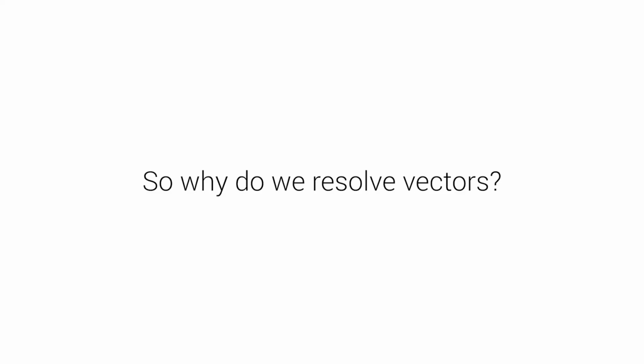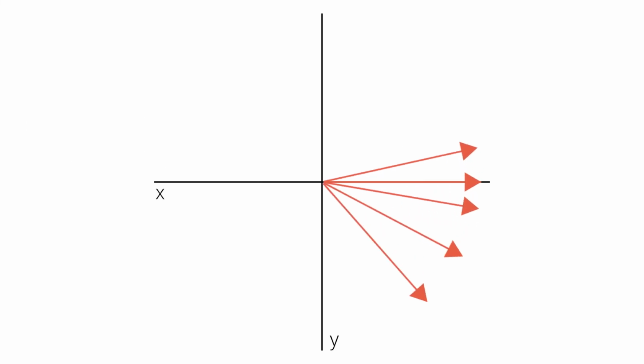Now, why do we need to split up a resultant vector into its two components? The reason is that in order to combine multiple vectors, we have to split them up into horizontal and vertical components, add all those horizontal components together, and then look at all the vertical components and add them all together, and I can get one total value for the horizontal components and one total value for the vertical components.